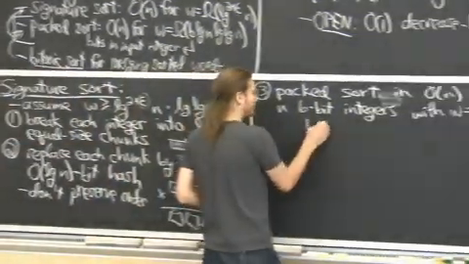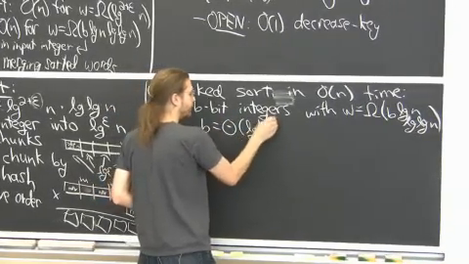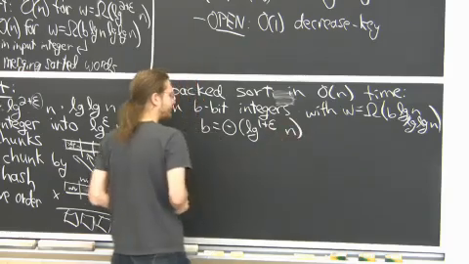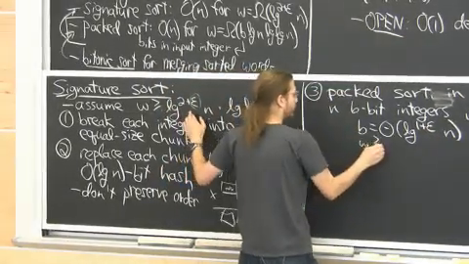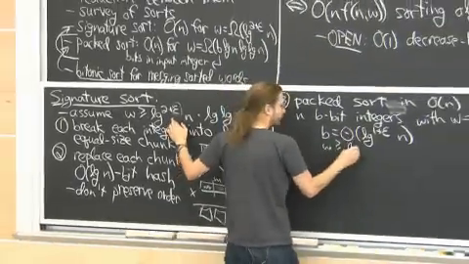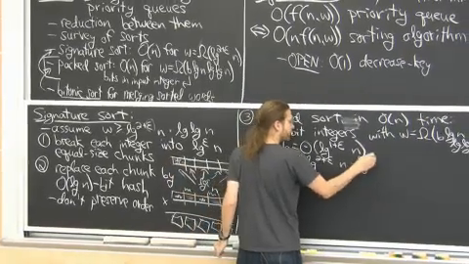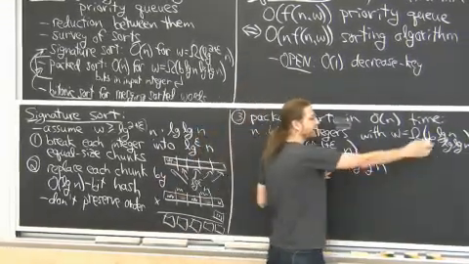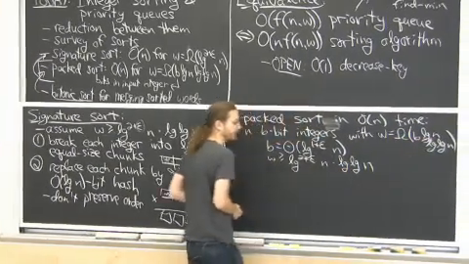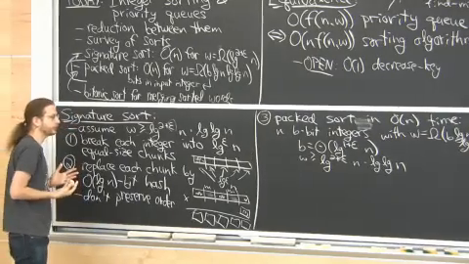So b is theta log to the 1 plus epsilon n, and w is at least log to 2 plus epsilon n times log n. Okay, so the ratio between these is as needed. It's at least log n times log n. Okay, so that's why this is good.